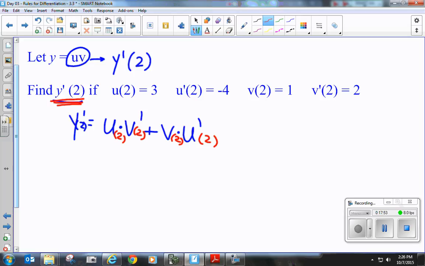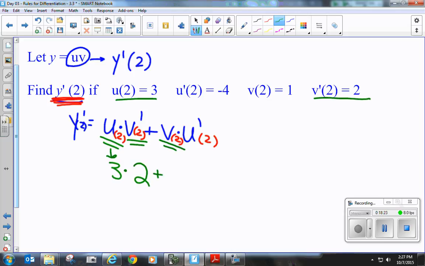Okay? Because I want to find the y prime of 2, I just couldn't squeeze it in there. It should be like this. I just threw it in there after. Okay. So basically, all right, how do I do this? Well, I don't know what the function u is, but it tells me what's u of 2. So this is going to be 3 times what's v prime of 2? 2.